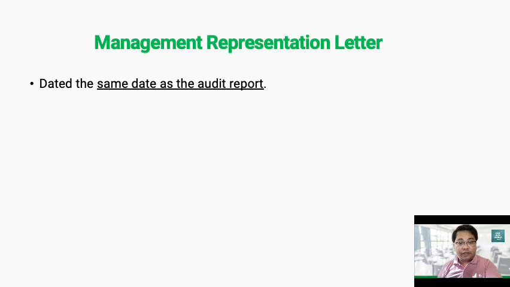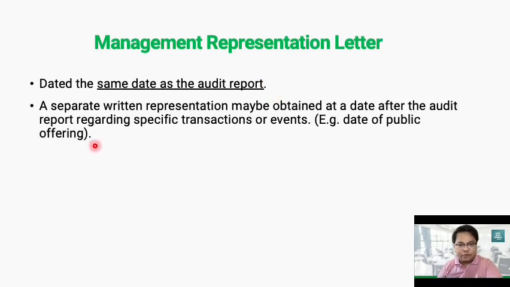And as mentioned earlier, the management representation letter is dated as of the same date as the audit report. It's also possible that we can obtain a separate written representation after the date of our audit report when there are specific transactions or events necessitating a separate management representation letter.